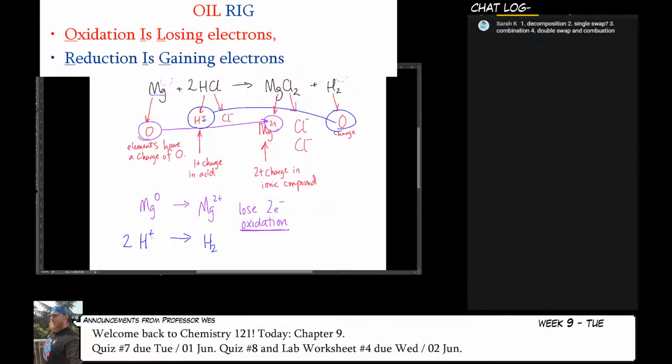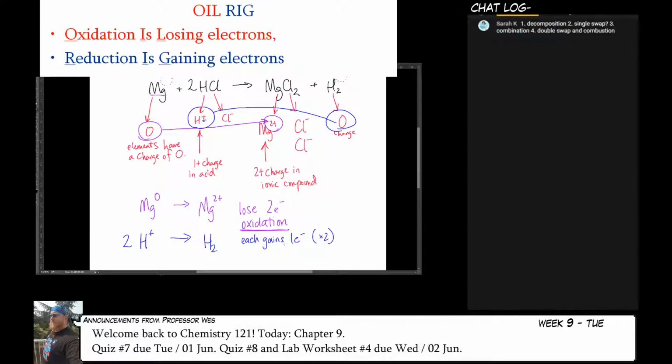Now, in order to get from +1 charge to 0 charge, each hydrogen gains an electron, and there are 2 of them. So the electrons do get conserved. We're balancing electrons as well. Magnesium lost 2 electrons, and it ended up giving 1 electron to each hydrogen. That's the process that went on here.